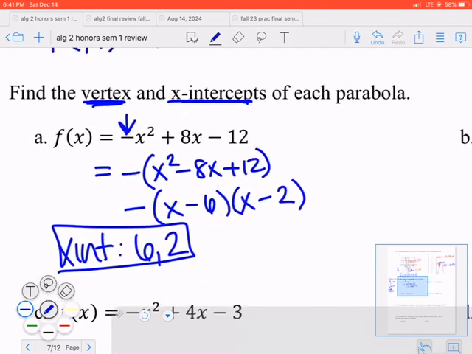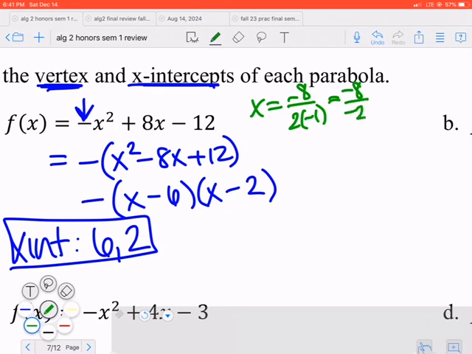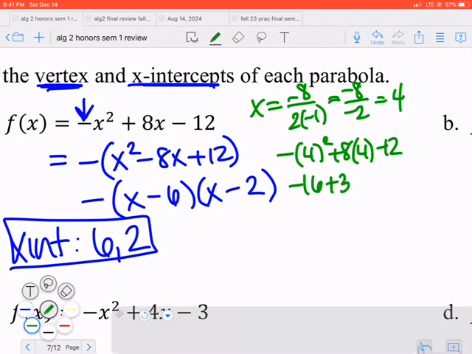And the vertex, I'm going to use x equals negative b over 2a. Negative 8 over 2 times negative 1. Negative 8 over negative 2 is positive 4. And now I'm going to plug 4 in. Negative 4 squared plus 8 times 4 minus 12. Negative 16 plus 32 plus 12. 16.